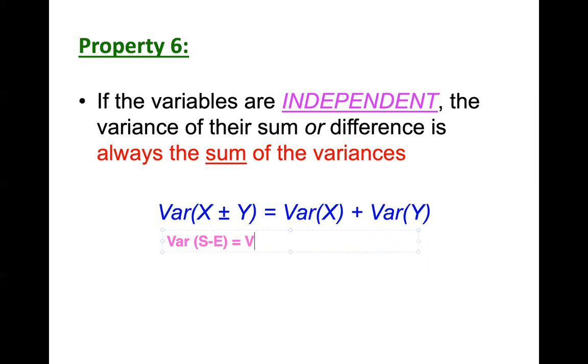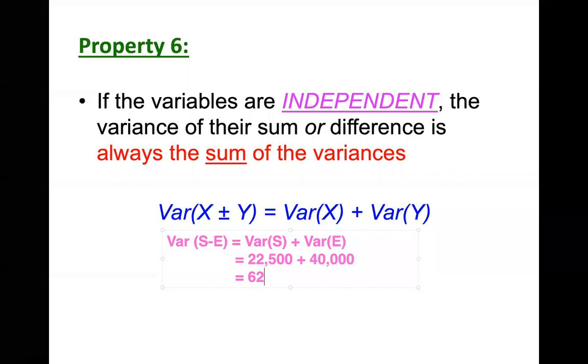But based off of this property, I actually still add the variances of the 2. The variance of the salaries was $22,500 based off of our problem. The variance of expenditure is $40,000. So that gets us 62,500 for the variance.